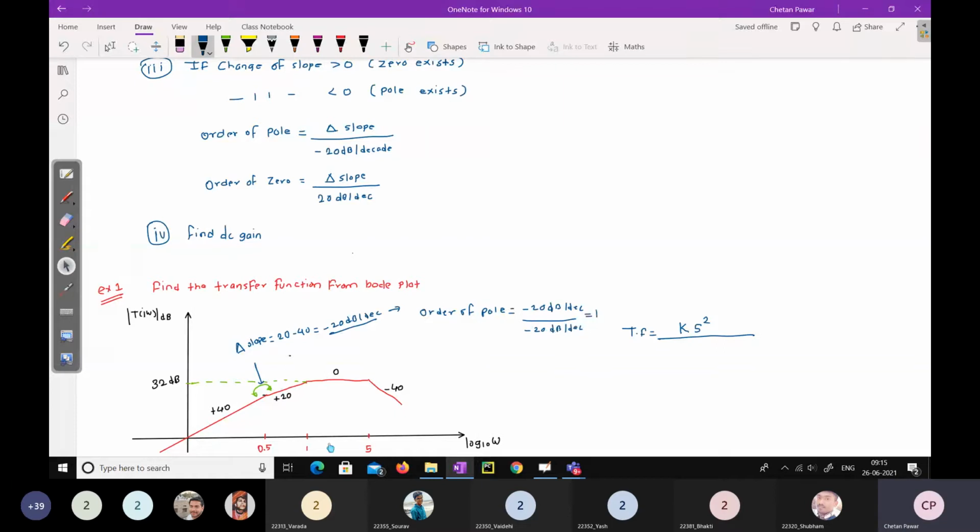And at which frequency does it occur? At frequency 0.5, so that will be 1 plus S by 0.5.